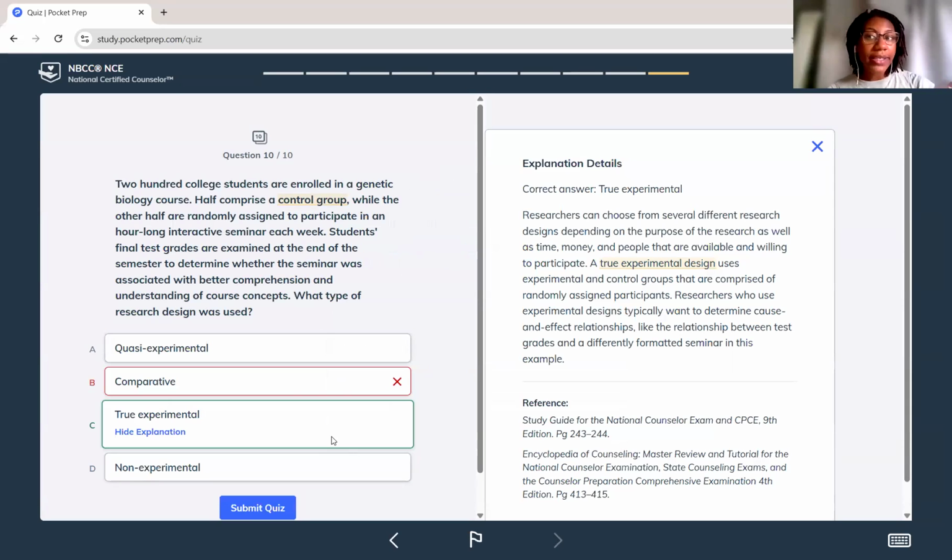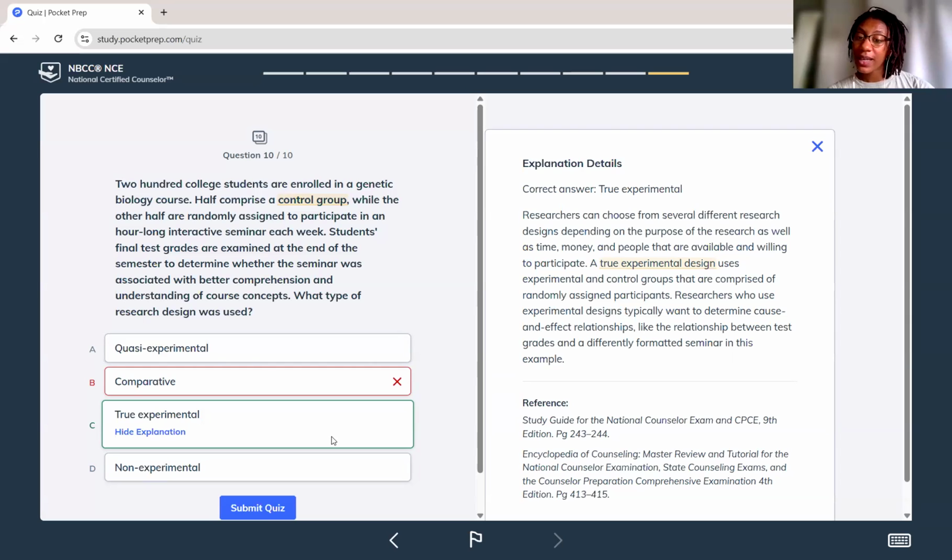All right. So why is it true experimental? Let's go back. Researchers can choose from several different research designs depending on the purpose of the research, as well as time, money, and people that are available and willing to participate. A true experimental design uses experimental groups and control groups that are comprised of randomly assigned participants.